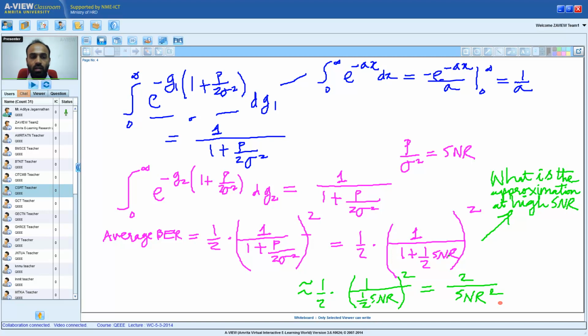At high SNR, the approximation is 2 divided by SNR square. Let me write it down clearly again.